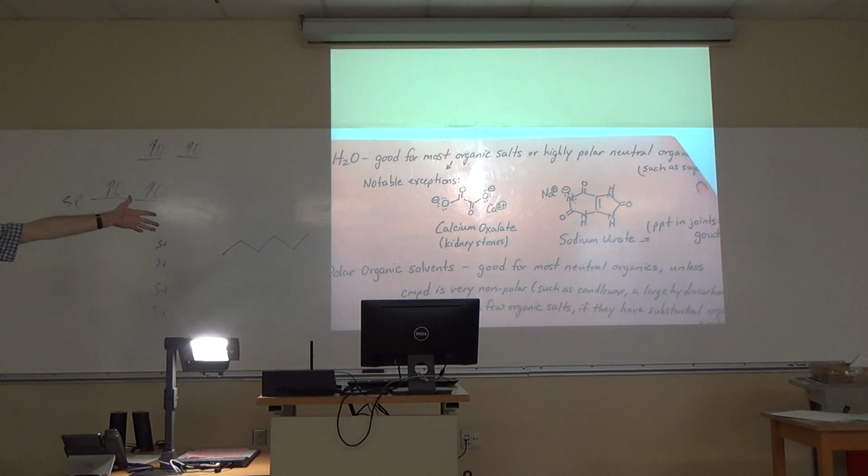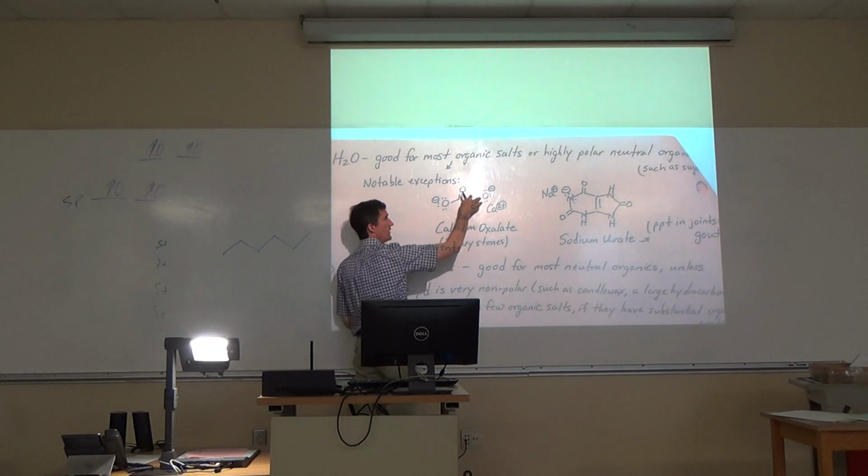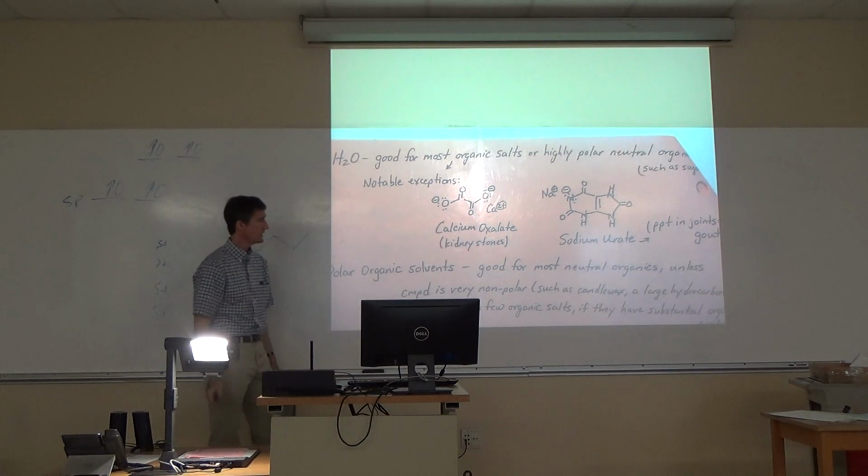And calcium oxalate forms kidney stones. If you get too much of this, it'll form solids in your kidneys, and then you'll have problems. Now you've got a lot of water around in your kidneys. Usually all that water dissolves ions, but this is an example of a salt that will form a solid in water.